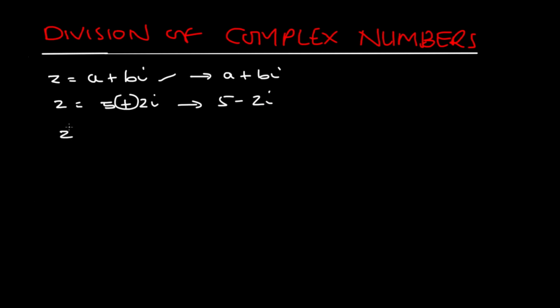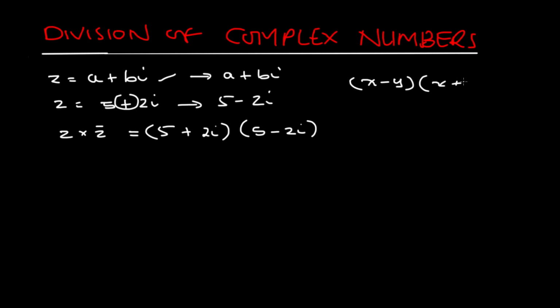So if I am getting z times its conjugate, then I'm going to have 5 plus 2i multiplied by 5 minus 2i. And we say that if we have x minus y times x plus y, our solution is going to be x squared minus y squared. So we have 5 squared minus 2i squared.